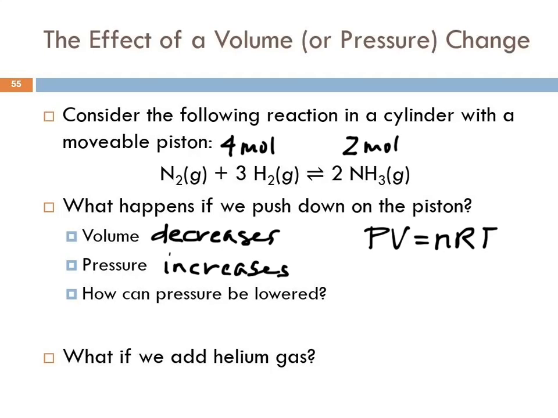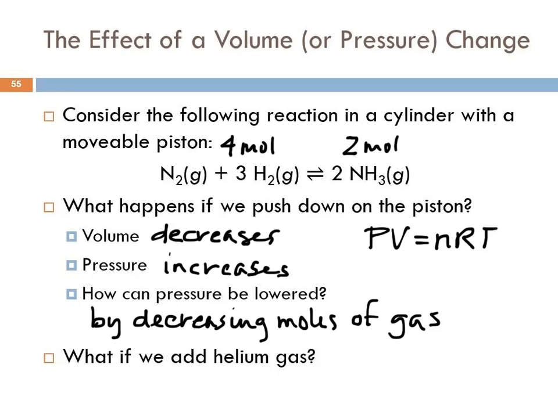The pressure of a gas depends on the number of moles, not on what the moles are. Remember, what the particle of gas is doesn't matter because there's so much space between the particles. So the pressure can be lowered by decreasing the moles of gas. And that would be a shift to the right. Does that make sense?